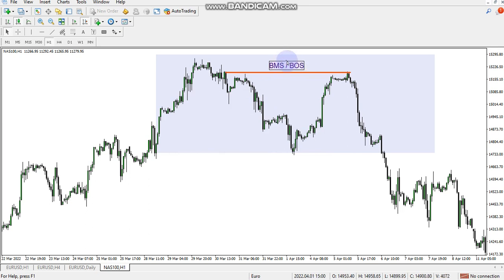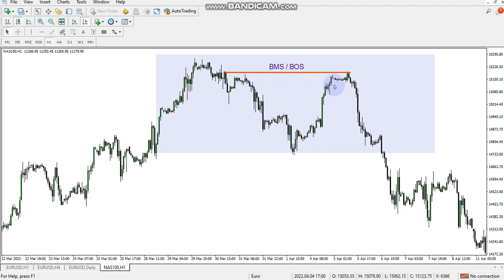Simple things, guys. Why did I highlight this zone here? If this is a nice confirmation and the market was serious about going up, it shouldn't come and clear this first low. It should have stayed in our zigzag and gone up. But now the market is shifting its structure.